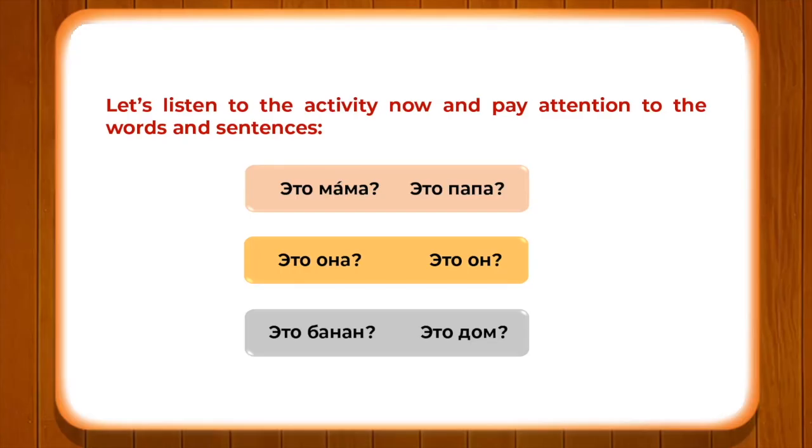This question mark which you can see is indicating that I am asking: is this father, is this mother, is it she, is it he, is it a banana, and the last one, is it a house?